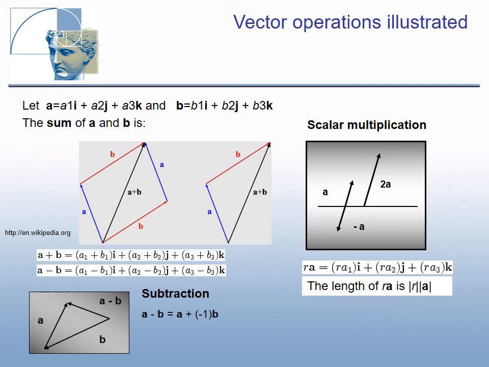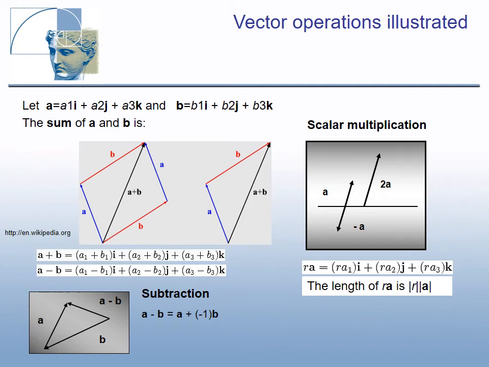The addition may be represented graphically by placing the start of the arrow B at the top of the arrow A, and then drawing an arrow from the start of A to the top of B. The new arrow drawn represents the vector A plus B, as illustrated below. This addition method is sometimes called the parallelogram rule, because A and B form the sides of a parallelogram and A plus B is one of the diagonals.